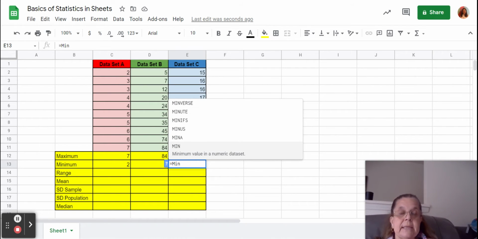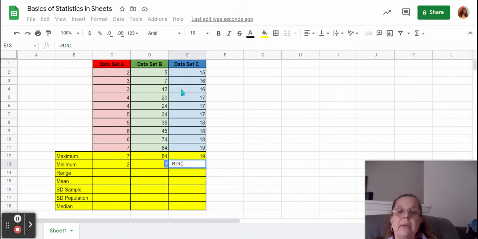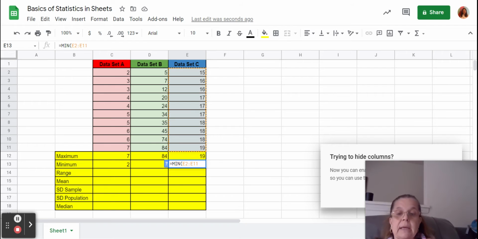Now, because I didn't hit it right away, I have to tell it I want minimum. Grab from the 15 to the bottom blue 19 only, close it off, hit enter. So notice 15 was the minimum, 5 was the minimum, 2 was the minimum.